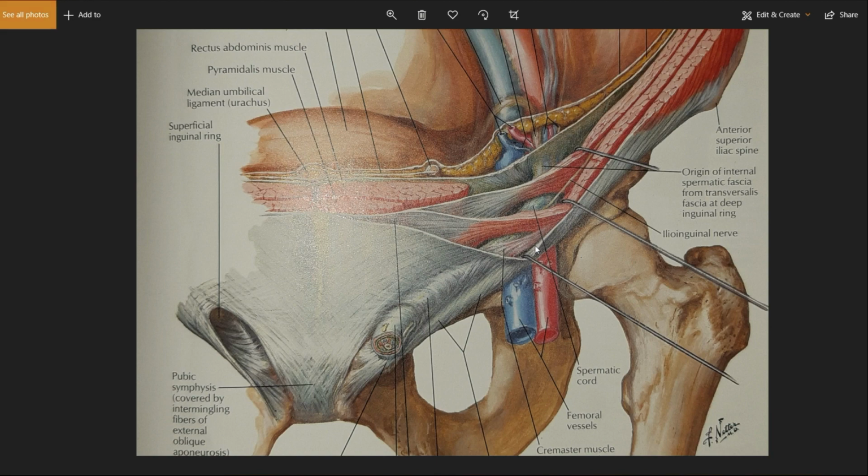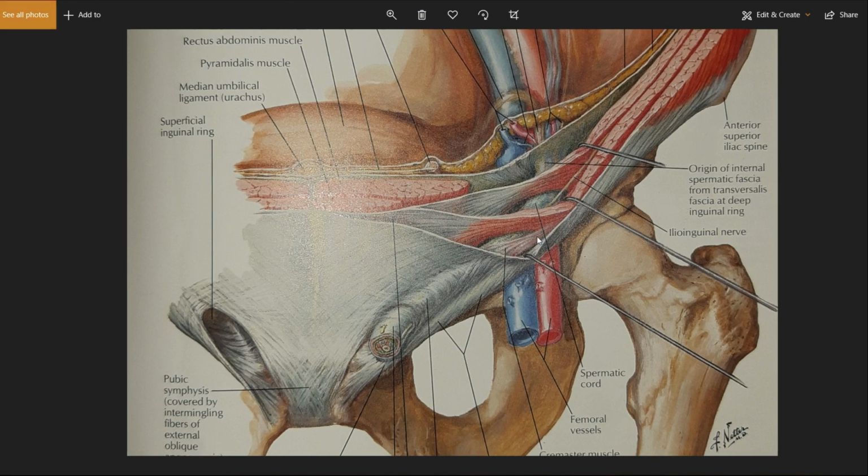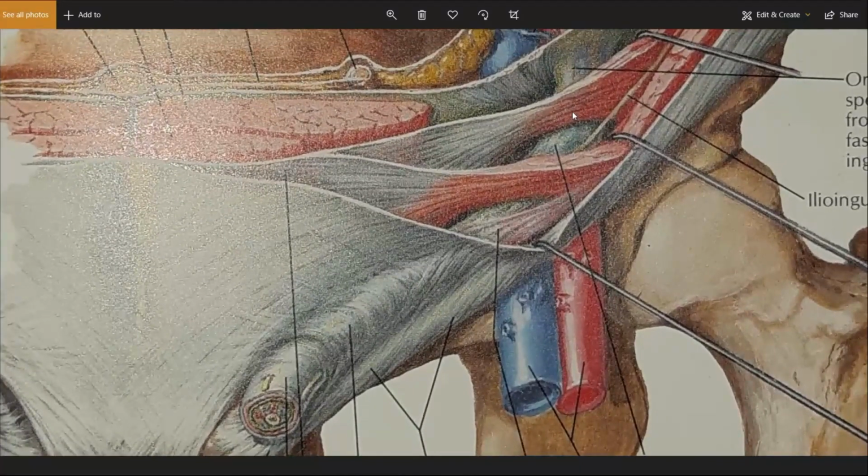What about the roof of the inguinal canal? As I mentioned, since this is a canal, there has to be a roof, there has to be a floor, and there have to be the walls. That is the anterior wall and the posterior wall, right? The roof of the inguinal canal is formed by, as I said, the arched fibers of the internal oblique, and you can see that there is another muscle which is arching, the transversus abdominis.